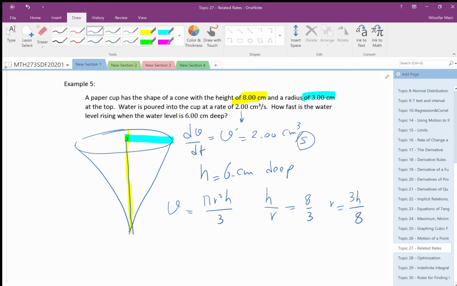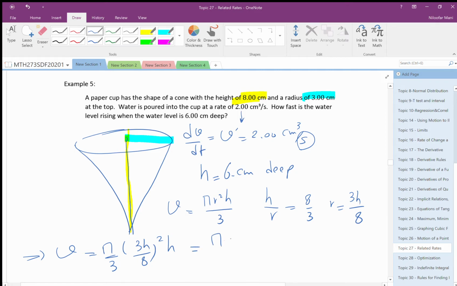And then I substitute. So V is pi 3H divided by 8 squared H. Because it says divided by 3. Pi divided by 3 R squared H. Okay, simplify.